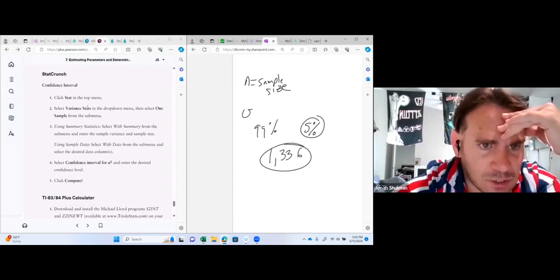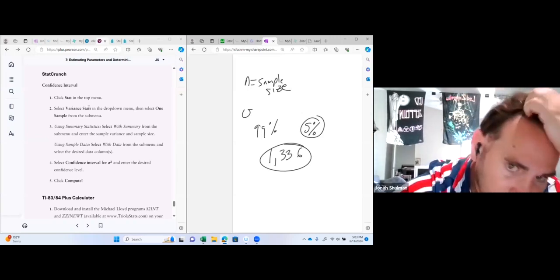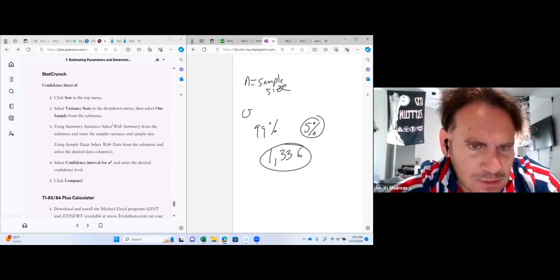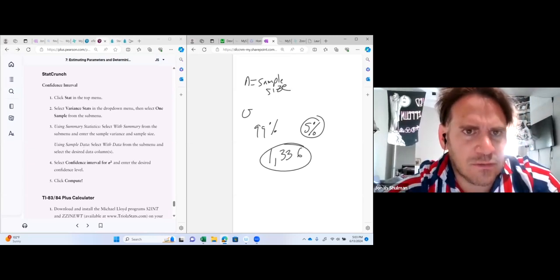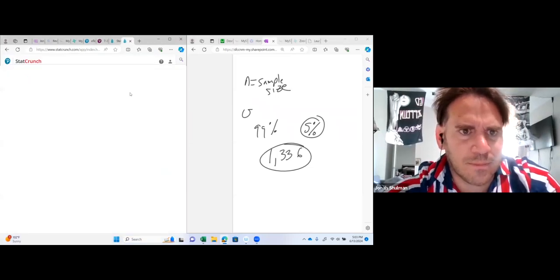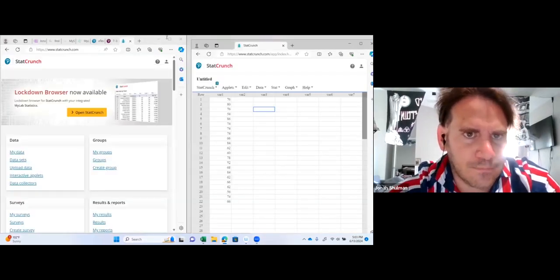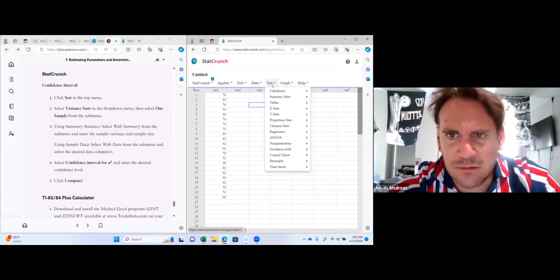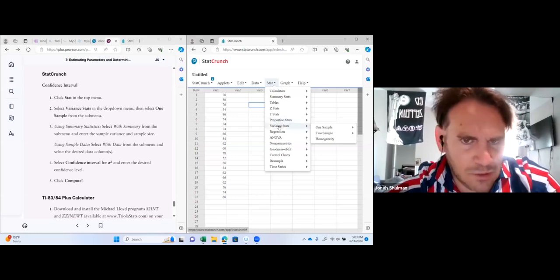So for StatCrunch, sweet, there is a way. Where there's a will, there's a way. So summary stats, select within summary. Let's see if I can make this happen. All right, so click Stat. Go to Variance stats. That's where I was.